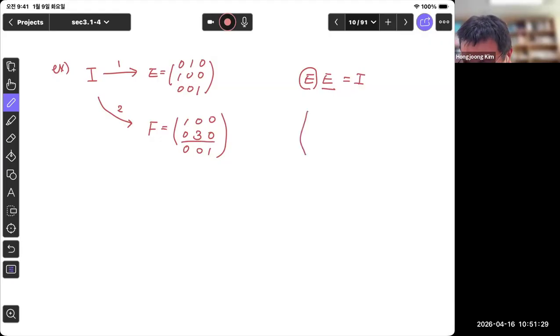Whatever follows, you multiply 3 to the second row of the matrix.